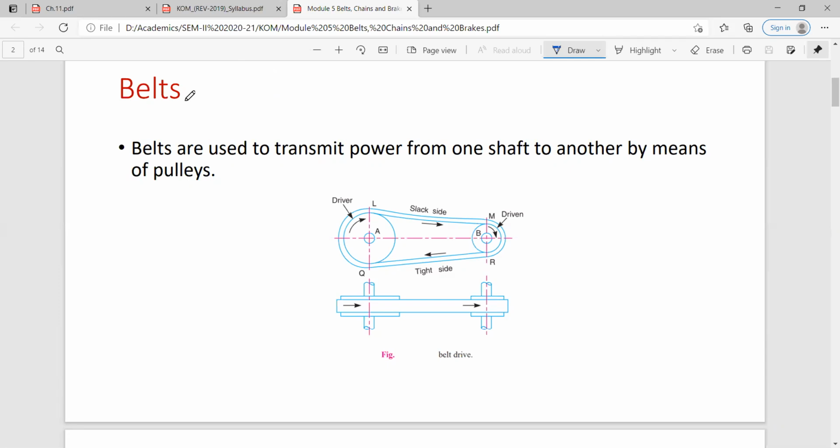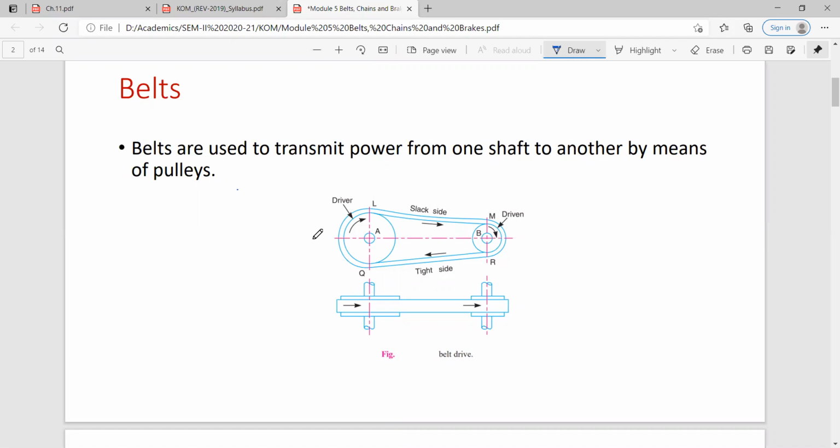Then there are gears, which are used to transmit power between two shafts when the distance between them is less, and when you do not desire slip while transmitting the power, then you can go for gear drives.